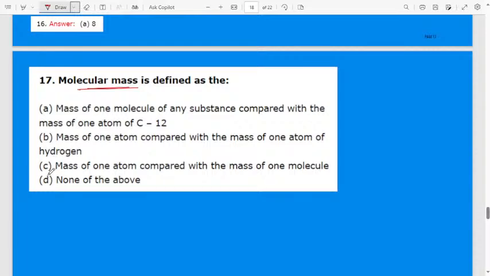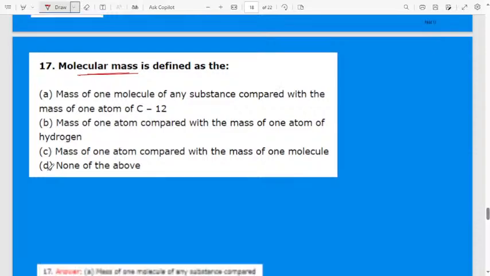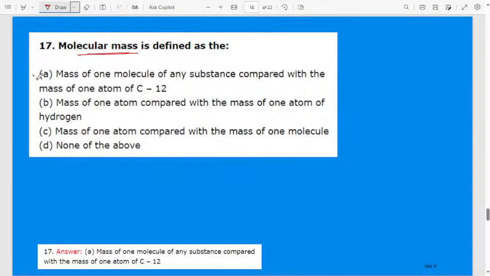Option C, the mass of one atom compared with the mass of one molecule. Option D, none of the above. The correct answer will be option A. Molecular mass is always the mass of one molecule of any substance compared with the mass of one carbon 12 isotope.